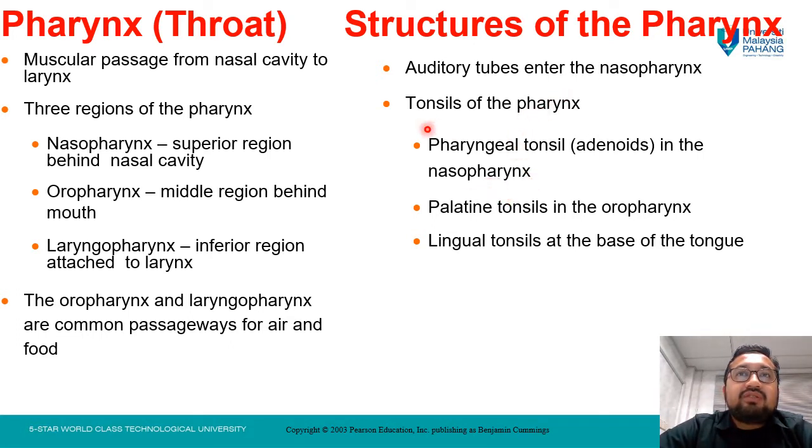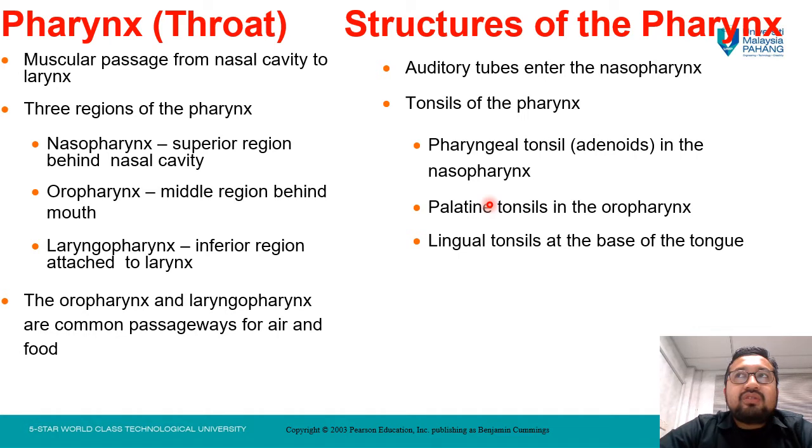Tonsil of the pharynx. Okay, in the pharynx we've got tonsil. Pharyngeal tonsil, adenoids in the nasopharynx. Means tonsil ni dia adalah some kind of lymph node punya system lah, where when we've got any kind of invasion of infection, bacteria, virus, this tonsil will act as a first defense line to counteract these microorganisms.